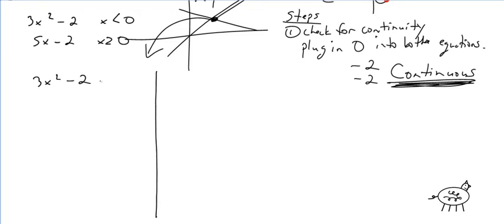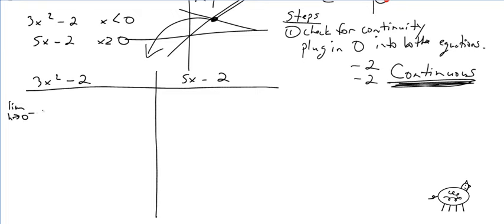I want to see what's going on with that one, and I want to see what's going on with my 5x minus 2. So I'm going to take the limit as h approaches 0, and since we're coming from the left-hand side, the gap is getting smaller from the left side, we can put a little negative here. It's going to be f of h plus 0 minus f of 0, since our value of a is equal to 0.